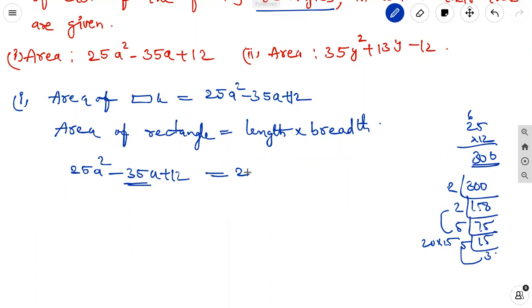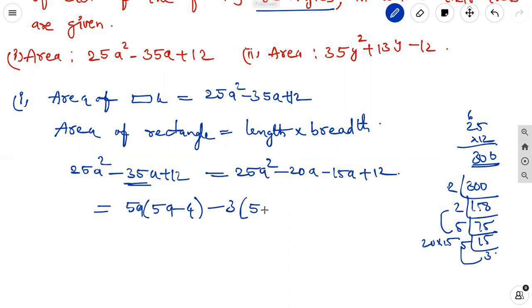It is equal to 25a square minus 20a minus 15a plus 12, by splitting the factors. From the first two terms, taking common 5a, because 5 is a common factor. 5a, then remaining is 5a minus 4. In this, minus 3 is taken common: 3 5s are 15a, 3 4s are 12.